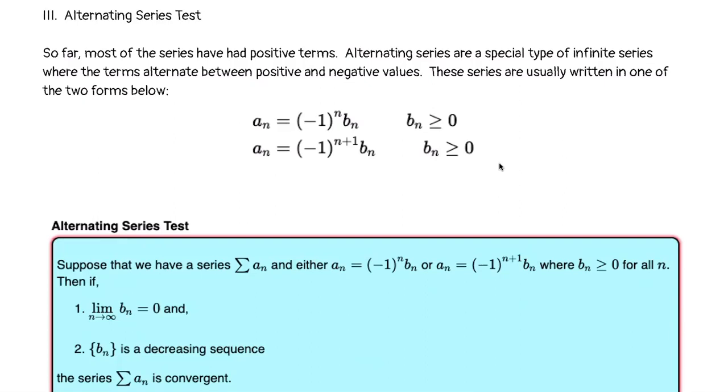Now, usually these series are written in one of the following forms. We could write it as (-1)^n times some sequence b sub n. That's one way to write it. Another way is that maybe you have (-1)^(n+1) as the power. The (-1)^n and the (-1)^(n+1) are the parts that make it alternate in sign, okay?